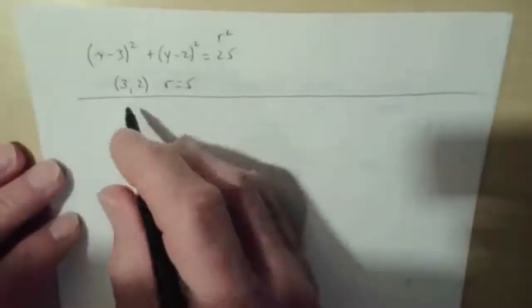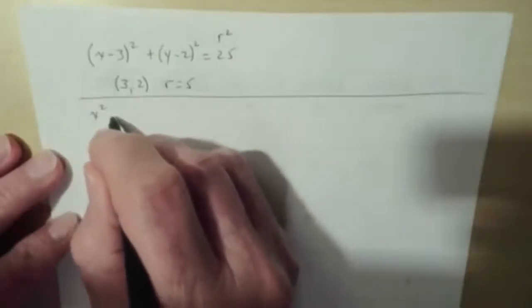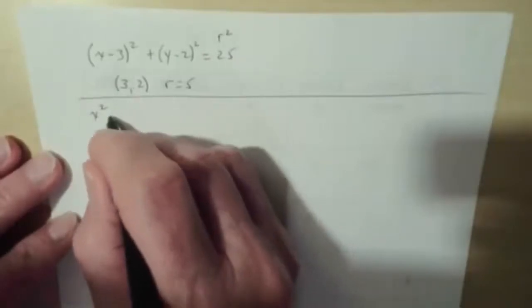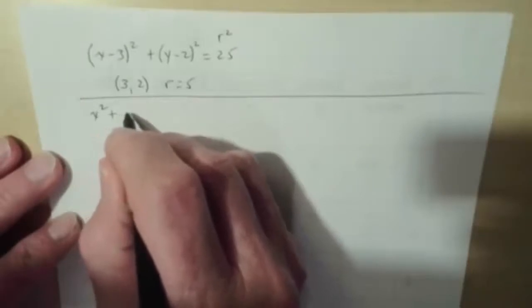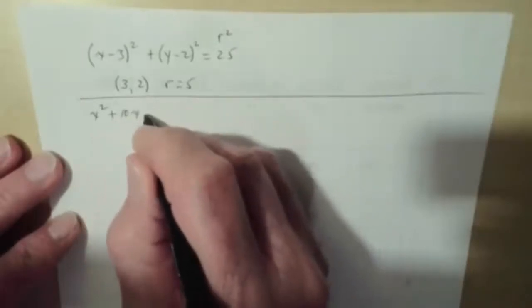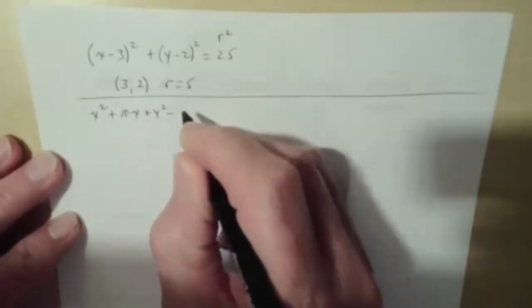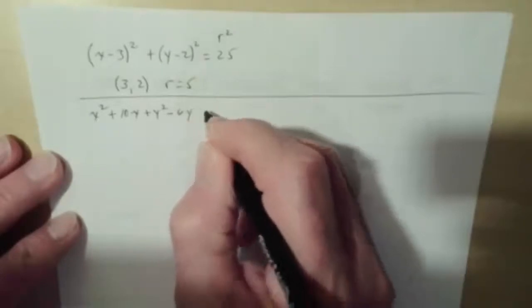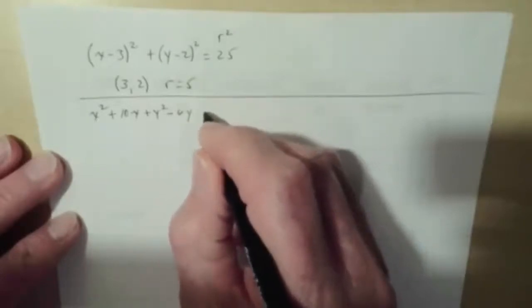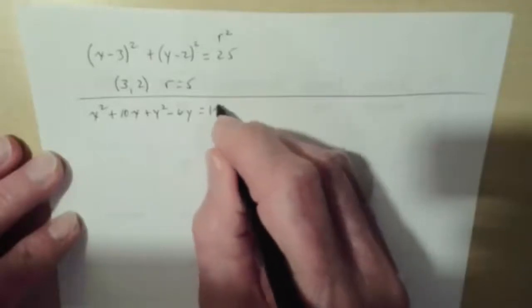I'll tell you what, let's do this. x squared plus 10x plus y squared minus 6y equals 14.